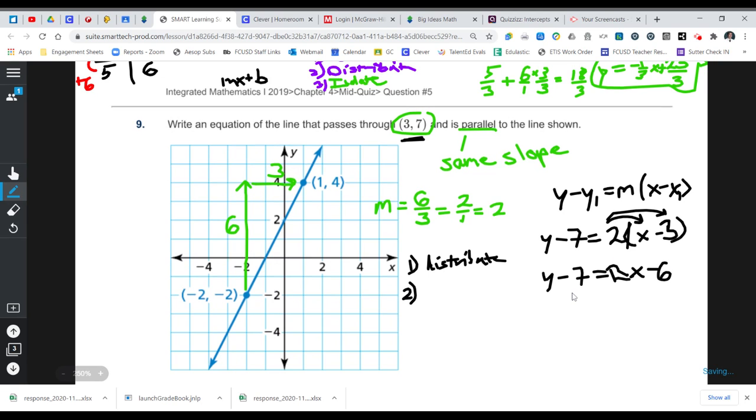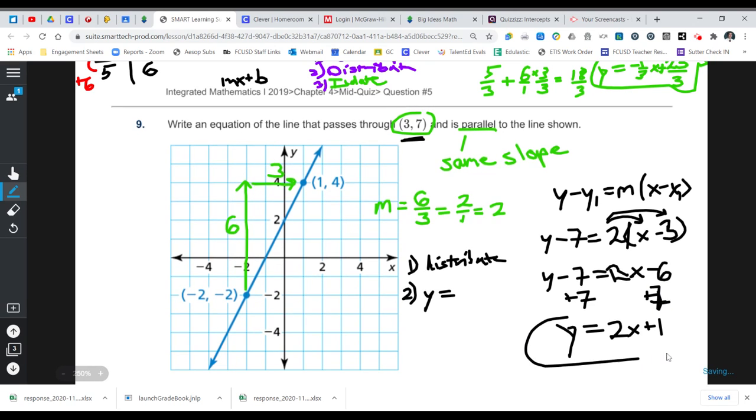My apologies for the sloppiness. Last, isolate y. I want it to be y equals. So what do I do here? I would add the 7 to both sides. And what I get is y equals 2x plus 1. That's a 7 right here.